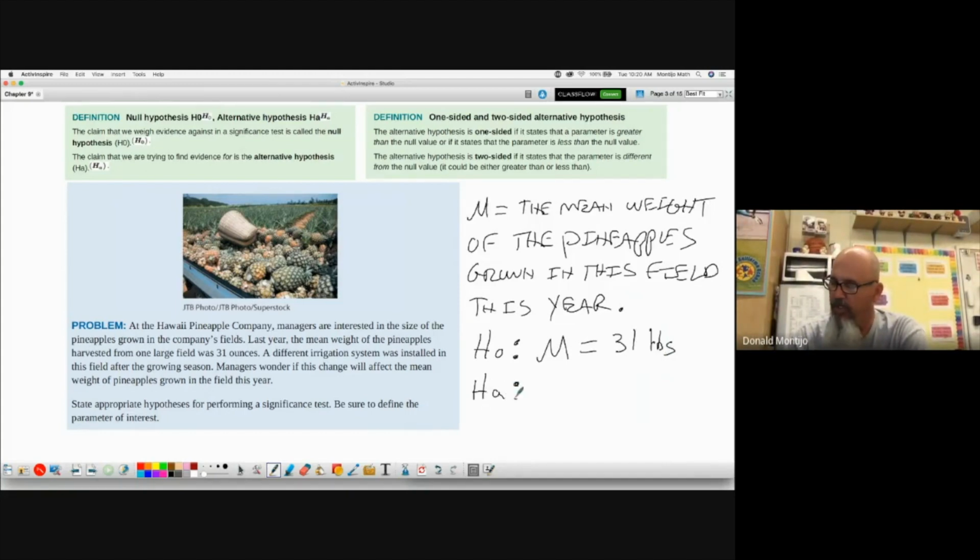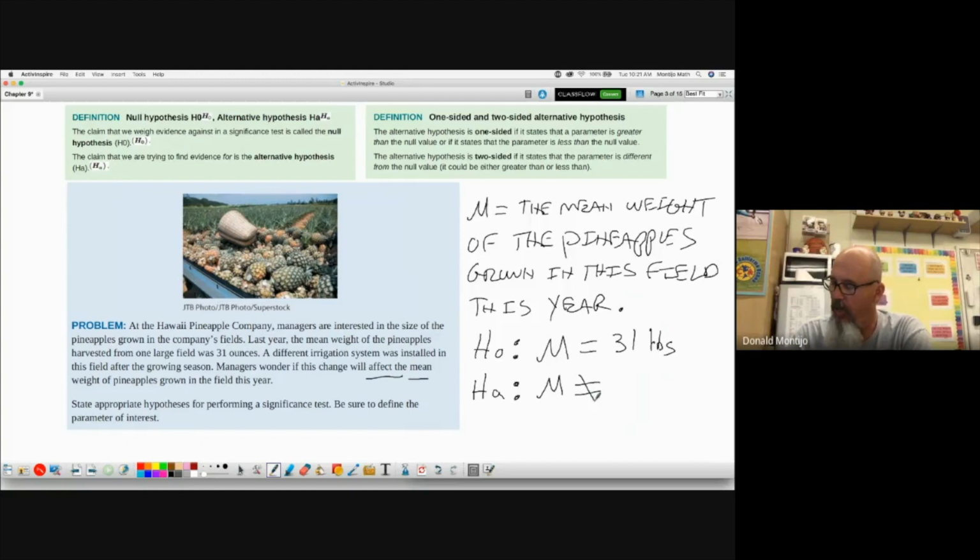What does the farmer want to see? Does he want to see if his pineapples got heavier? If they got lighter? No. The question says the manager wonders if this change will affect the mean. Will it affect the mean? It doesn't say he wonders if his pineapples will get heavier or get lighter. He just wants to see if his pineapples have changed due to this new irrigation system.